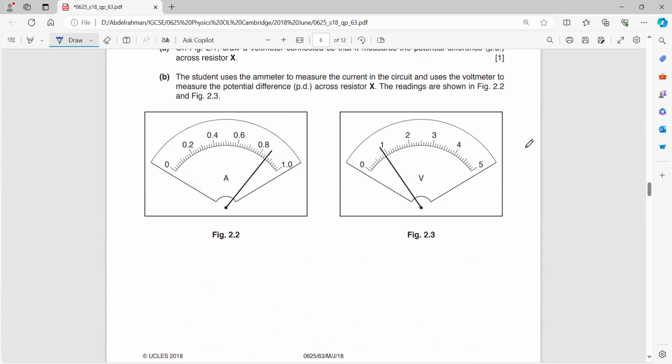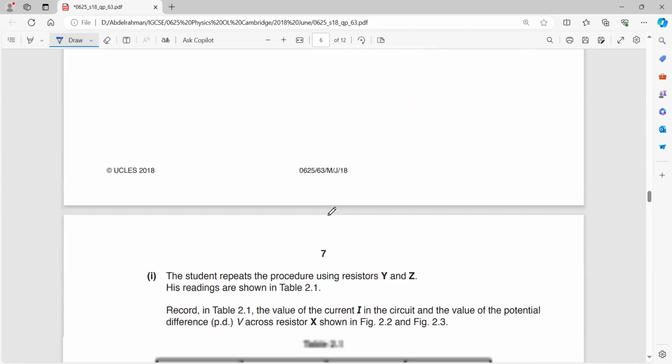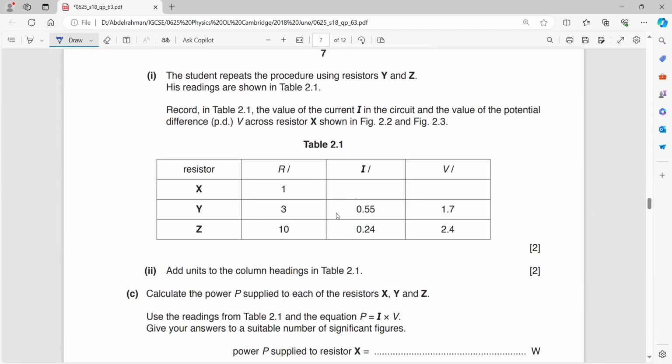What's the current here? The first one is 0.86. The second one is 0.9. So 0.86 is the current and the voltage is 0.9.